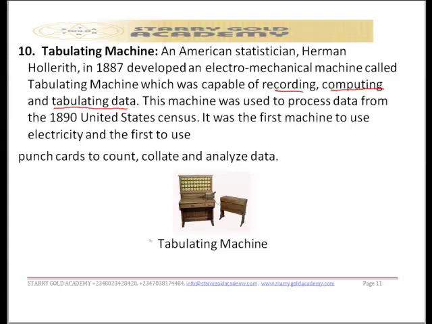Data. This machine was used to process data from the 1890 United States Census.